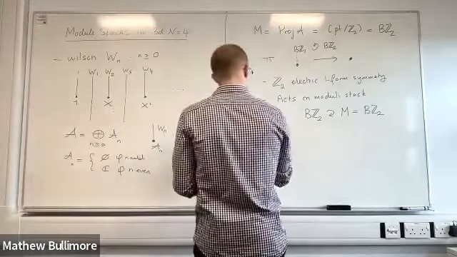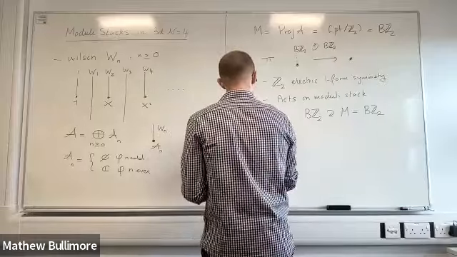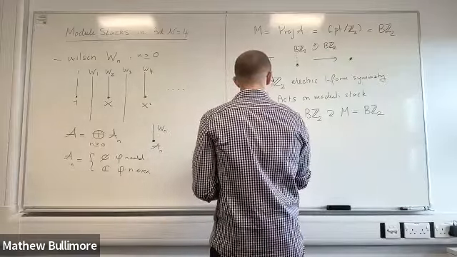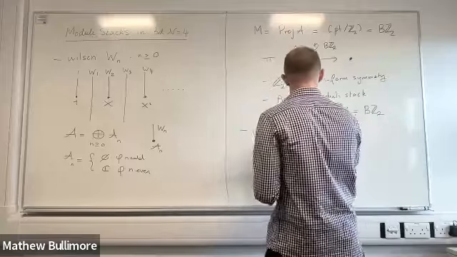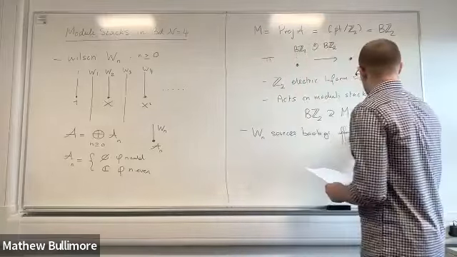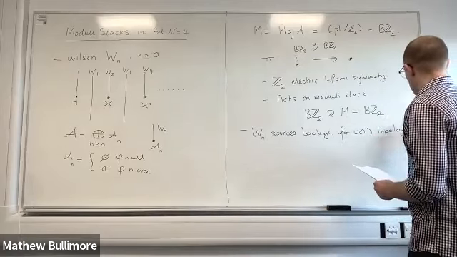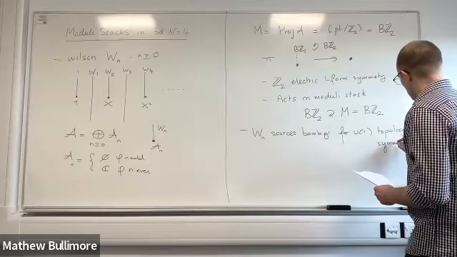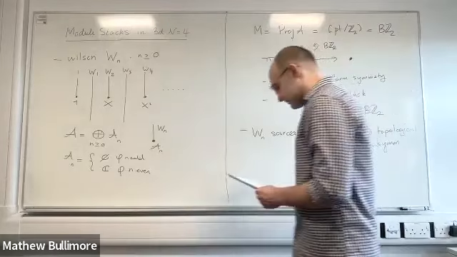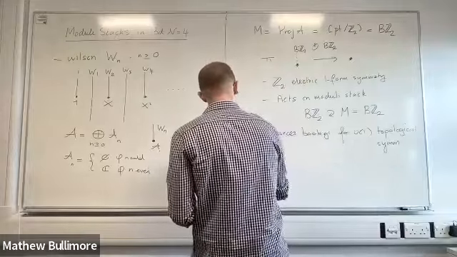We can again ask about 't Hooft anomalies and symmetries. In this case, the Wilson line sources a background for the topological symmetry. It looks something like the following.